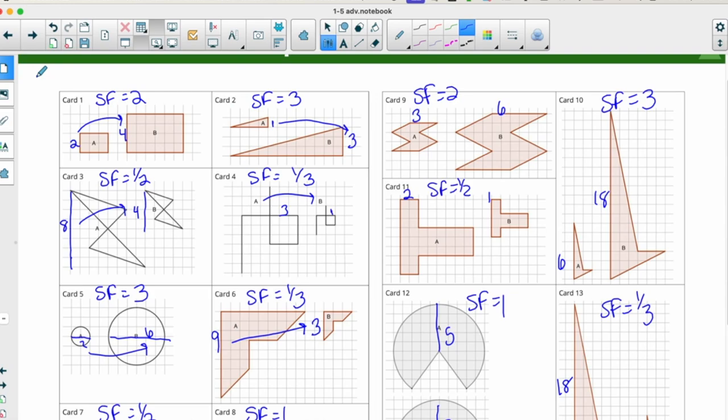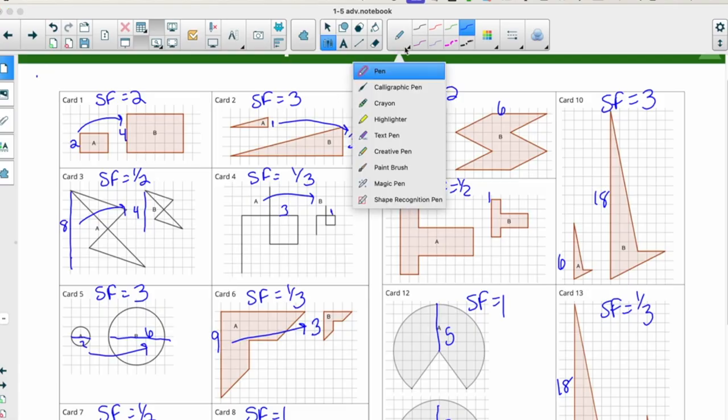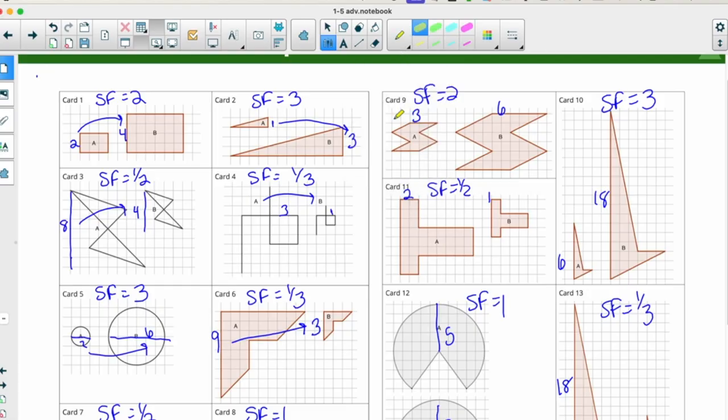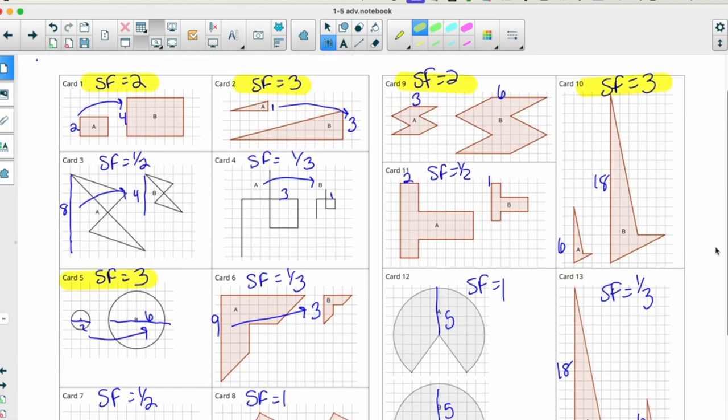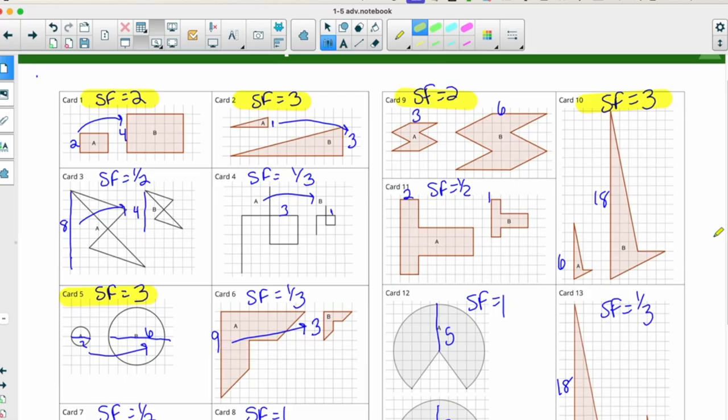All right, so now if we look at all these ones where my B shape is bigger than my A shape, so card 1, card 2, card 9, card 10, card 5, we notice that our scale factors, in these cases they're all whole numbers, but they're whole numbers bigger than 1.